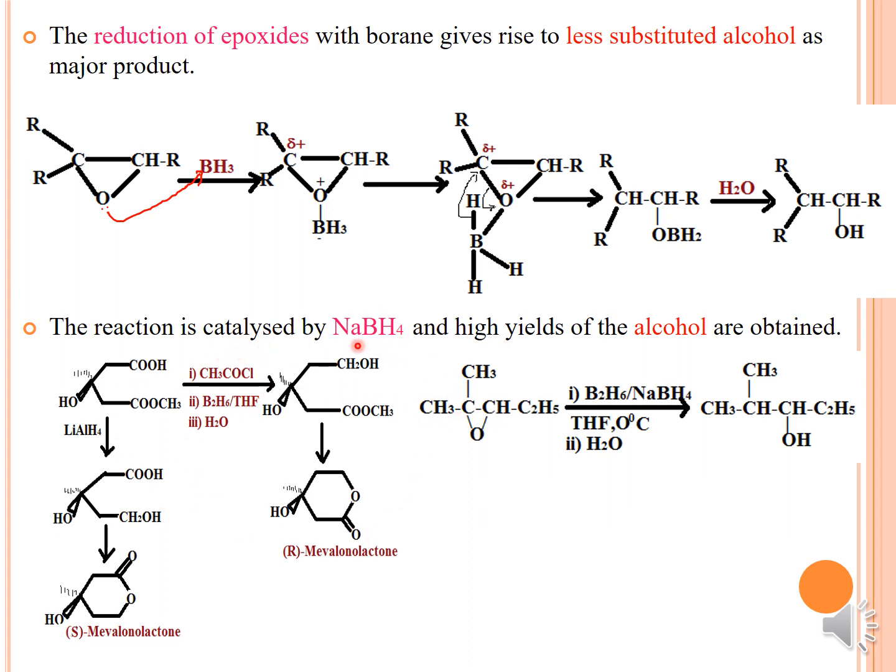Alright, and then moving on to the next reaction, if you see here, the reaction will be catalyzed by sodium borohydride, that is your reducing agent, and high yields of the alcohols will be obtained over here. So if you are taking this starting material and treating it with the acetylation reaction, and under the condition of diborane THF, upon hydrolysis, there are two conditions.